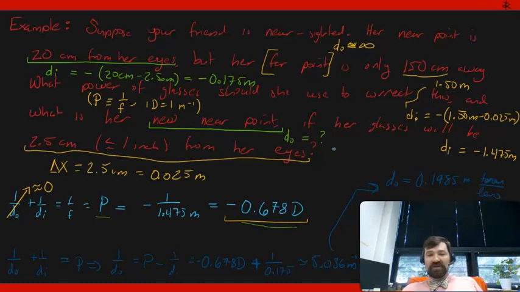So this is dO plus delta x equals, and the answer ends up being about 22.4 centimeters. So notice that that is farther out than her original near point is.